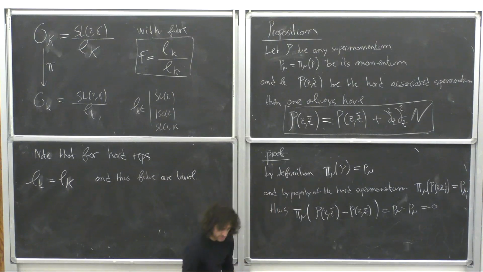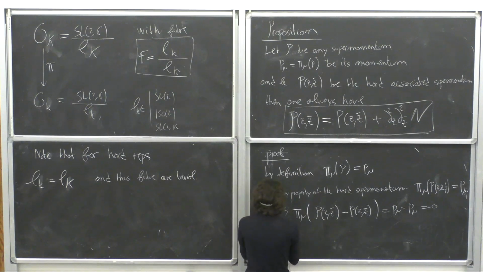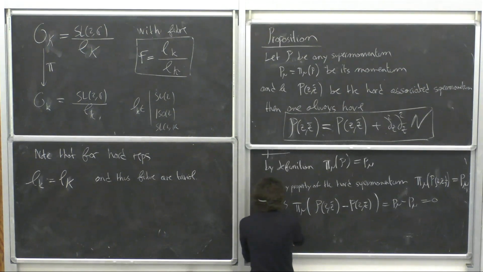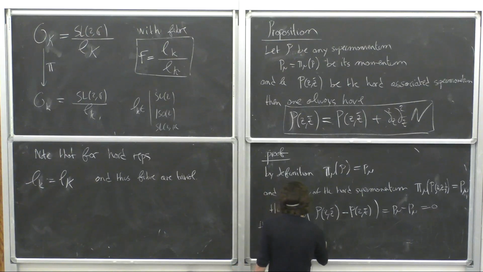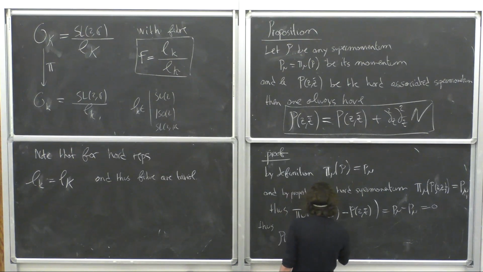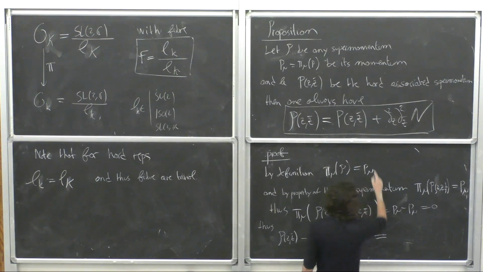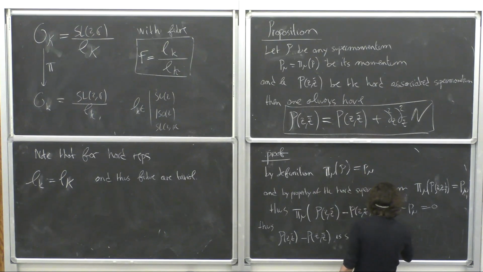Therefore, this guy is soft. Thus, P z bar minus P z bar is soft, which means that it's equal to the derivative of some distribution.